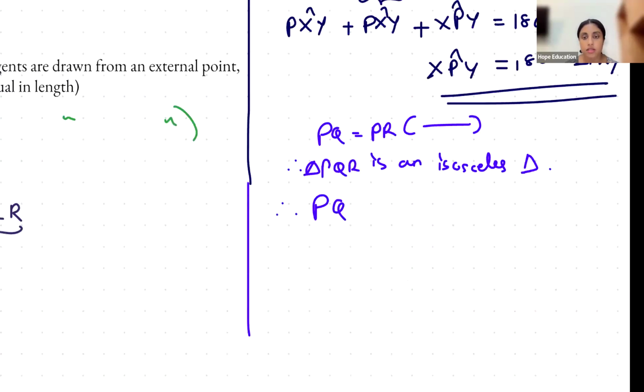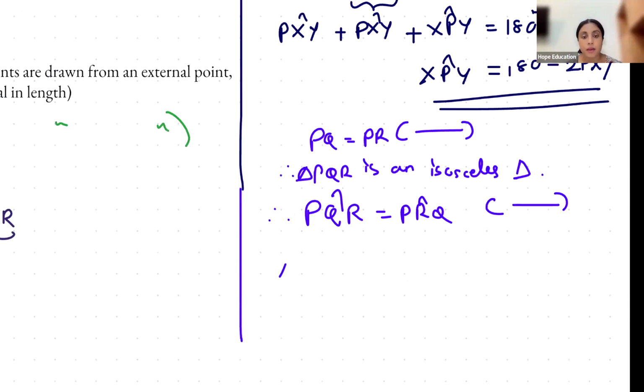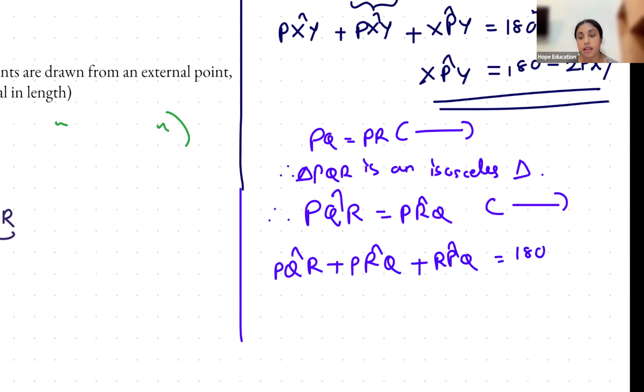PQR equals PRQ. You can write base angles of an isosceles triangle. Then you can add all the interior angles of the triangle. PQR plus PRQ plus RPQ equals 180, interior angles of a triangle.